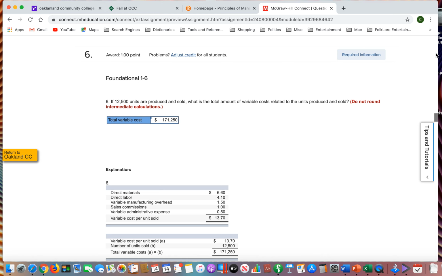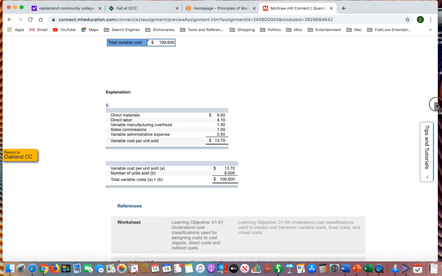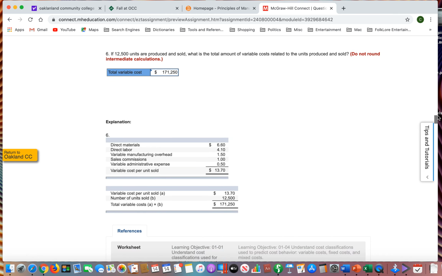Number 5 was what? Was it 8,000 units? Let me see. However many units it was, you multiply by that. It was 8,000 units, yes. So this is 12,500 units. We know what the total unit cost is, and you multiply by the number of units produced. Okay.